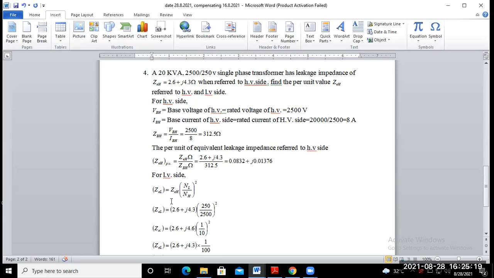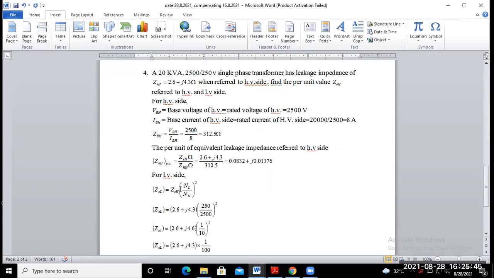But here we require to convert the high voltage side parameters to the low voltage side. That means ZEL equal to ZEH times the turns ratio, number of turns of the low voltage side divided by number of turns on the high voltage side, whole square.